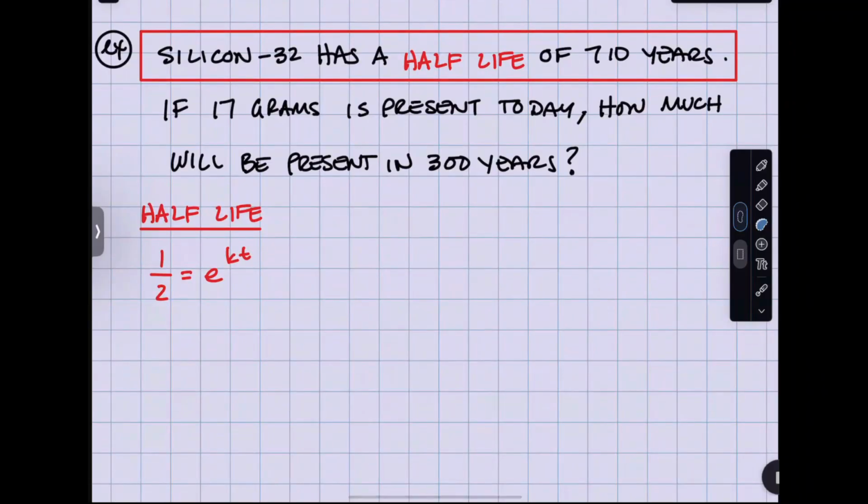So do you think I have K or do I have T? I have T because it says 710 years. Seems pretty simple, right?